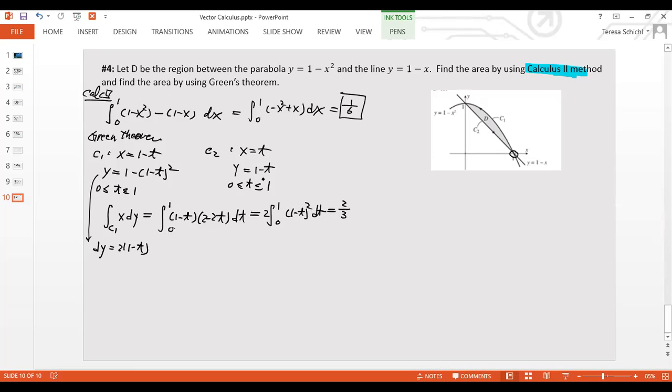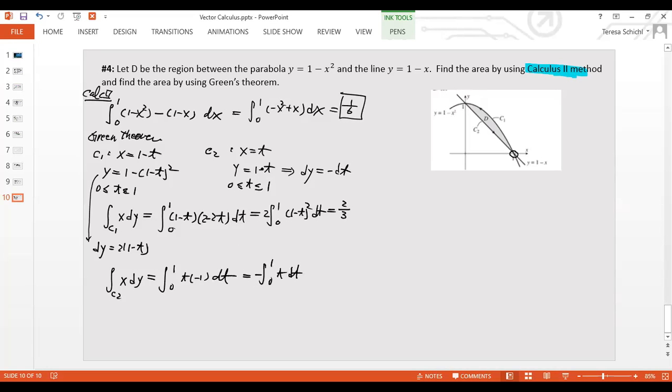Okay, so now for C2, I'm still using the same x dy. This is from 0 to 1, and the x is t, and dy is negative dt, right? So it's negative 1 times dt. So this is the integral from 0 to 1 of negative t dt.